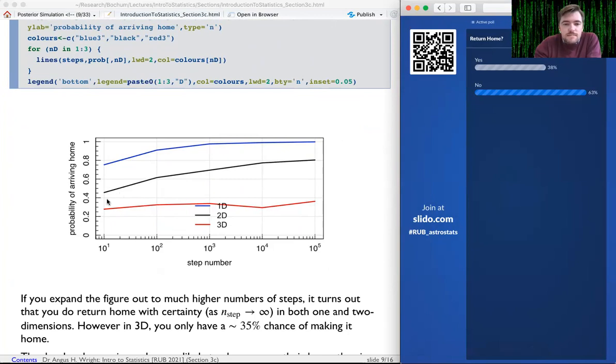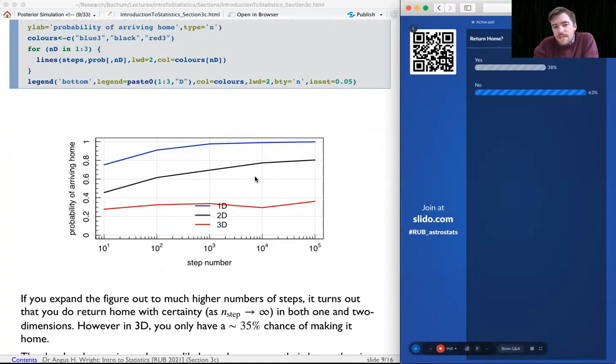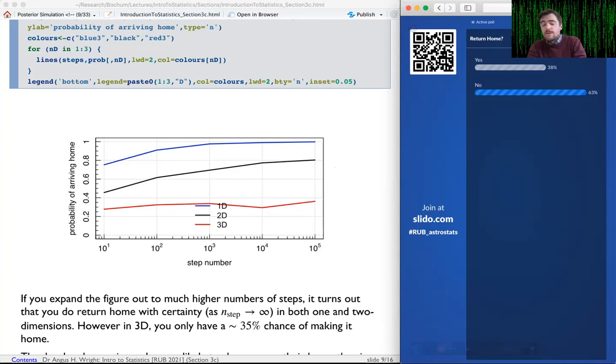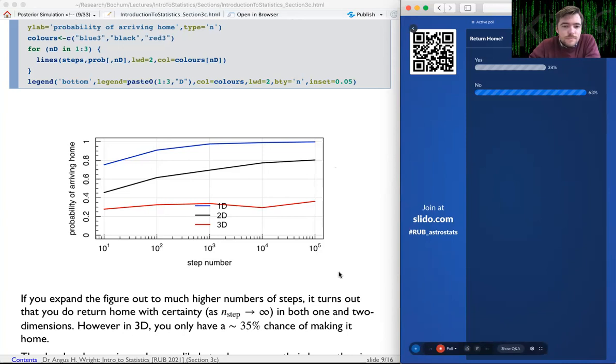In 2D, we're climbing. It looks like it might be plateauing out, but it also looks like it might continue. In fact, if you let this play out for many, many more steps, it does return to unity. So you are guaranteed to find your way home in 2 dimensions if you step randomly in the random walk.